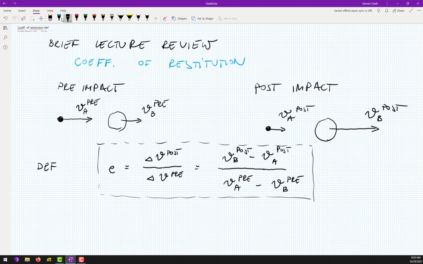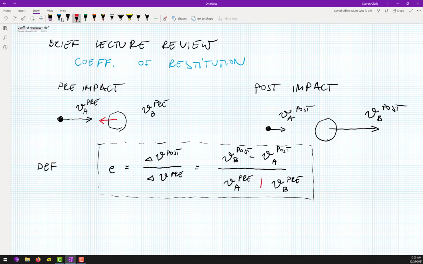So if, before the impact, this guy has velocity pointing this way, what shall I change in this equation? If I flip the velocity of the guy pre-impact, VB pre, this would be plus here. Do you see? I have to switch the sign of this particular quantity.